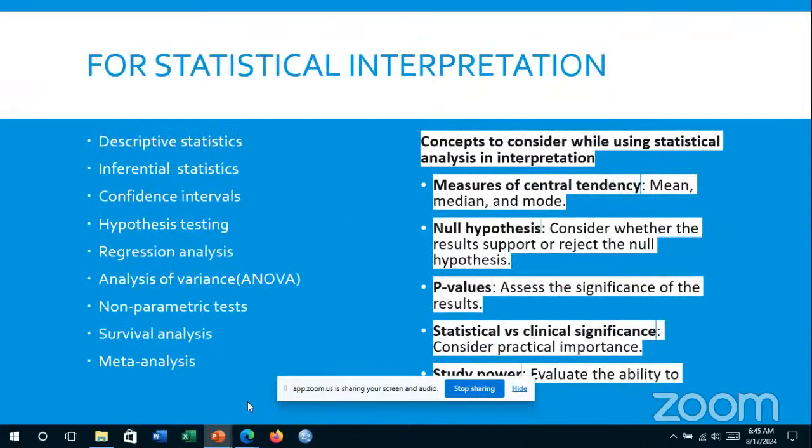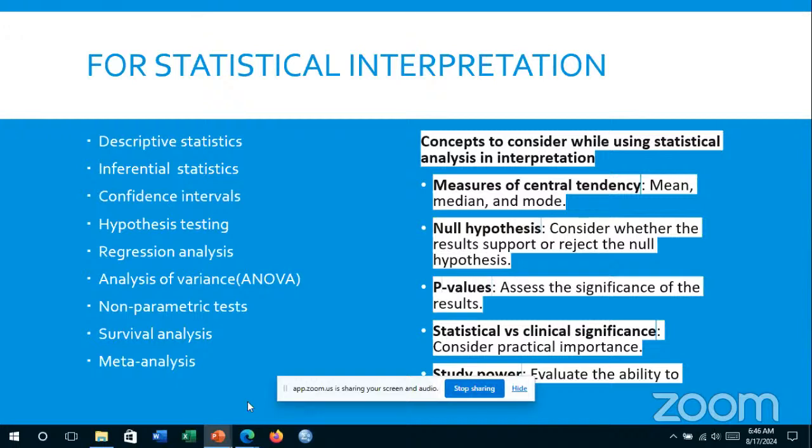For statistical purposes and interpretation, we use those scores for studies, for statistical analysis, either descriptives, in terms of percentage, mean. We also use them in drawing inferences, and we also use the extent to which you can actually take into confidence the result that you get. Confidence interval. We test hypotheses with it. We conduct regression analysis with it. These are statistical permutations that we do when we use outcome measures.